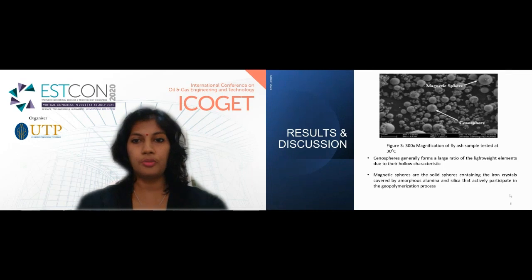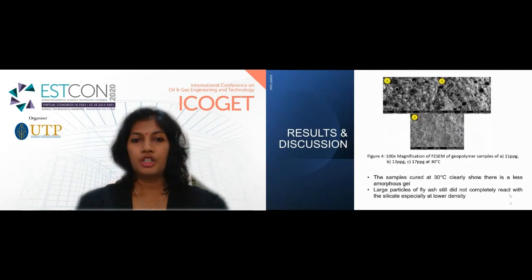the geopolymerization process. As shown in figure 4, 100 times magnification FESEM of geopolymer samples of 11 ppg, 13 ppg and 17 ppg tested at 30 degrees Celsius. It can be seen that at 11 ppg and 13 ppg, there are hollow spheres that exist in the mixing of the geopolymer slurry.